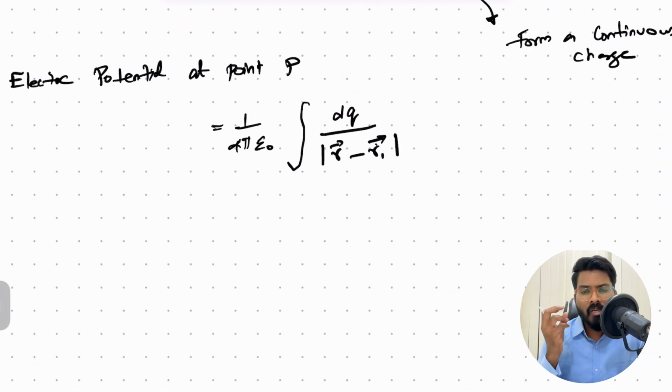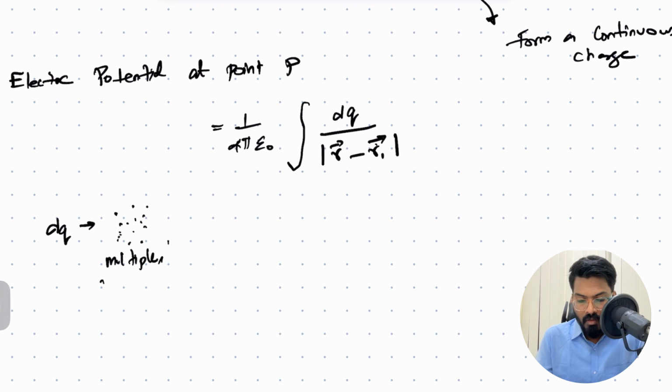So we are speaking about multiple small charges. That is why instead of simply going for Q, I have gone for dq. Now dq is made up of several charges, and when you add them, you add up to a volume.